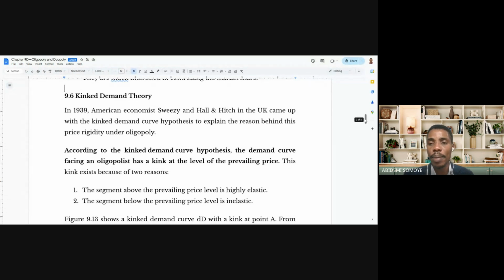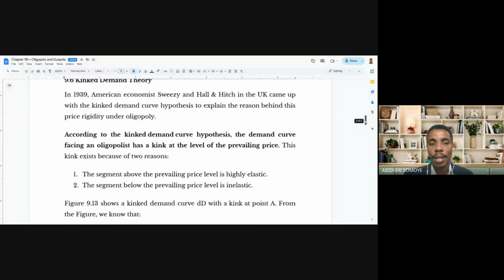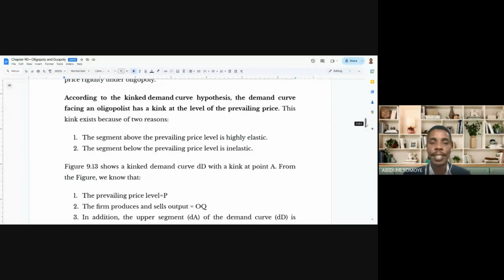According to the hypothesis, the demand curve facing an oligopoly has a kink at the level of the prevailing price. This kink exists because of two reasons. The segment above the prevailing price level is highly elastic, and the segment below the prevailing price level is inelastic.